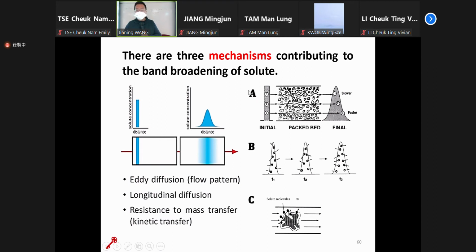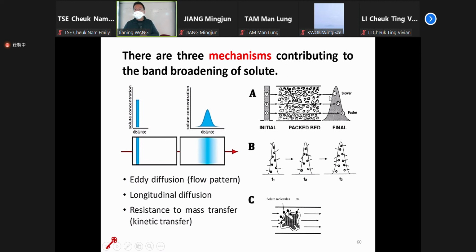So from the viewpoint of eddy diffusion, we would find, when we consider the molecules just passing through the particles, that the path length of the molecules differs, because there are many molecules, so the total path length when the molecules pass through the column is different.